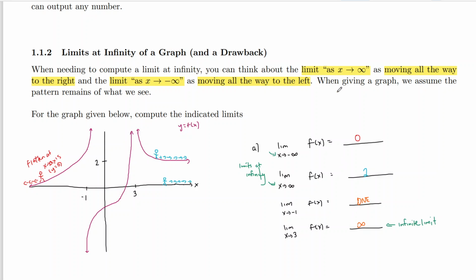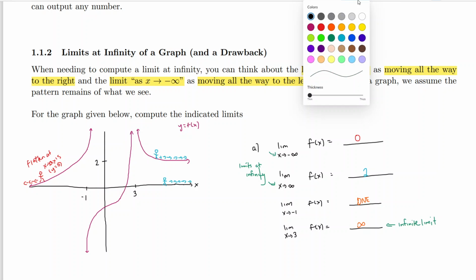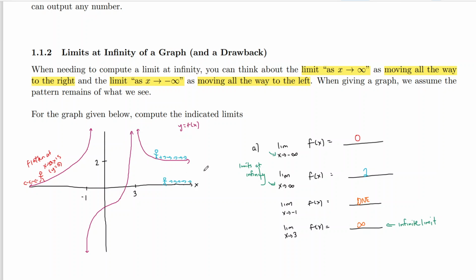Very helpful. Now, one thing also that you may have noticed is that when we walk all the way to the left, when we walk all the way to the right, we can only walk or approach one way. We can't approach x is negative infinity from the left because we're never going to make it to infinity. Just as a little quick drawing here, let's say take my guy here and he's walking and infinity's right here. We know we can't actually draw this because it's never there. But let's say infinity is over here.